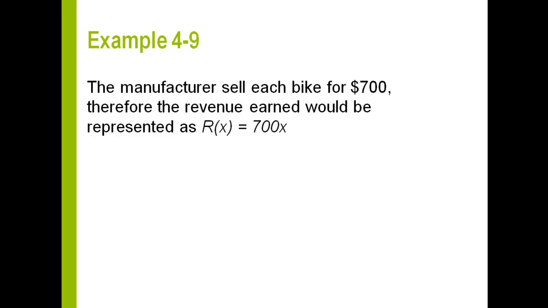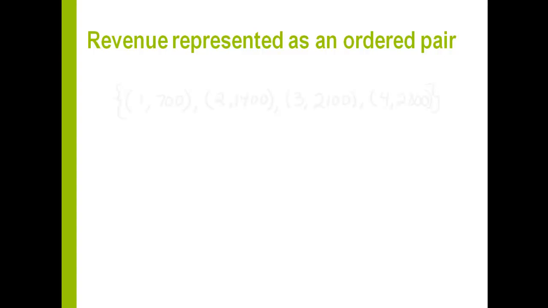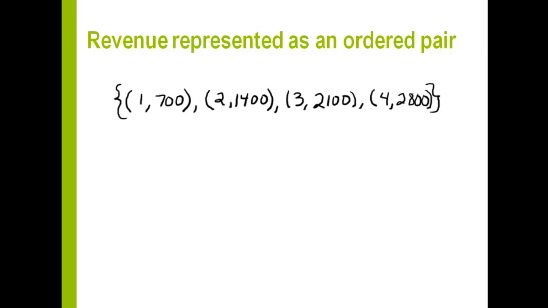Now, we can represent the revenue as ordered pairs: when we sell one bicycle, we're going to make $700. 2 bicycles, and that's our input, would be $1,400. If we sold 3 bicycles, we would have a revenue of $2,100, and if we sold 4 bicycles, we would have a revenue of $2,800.